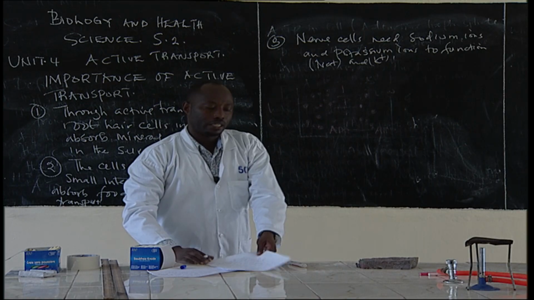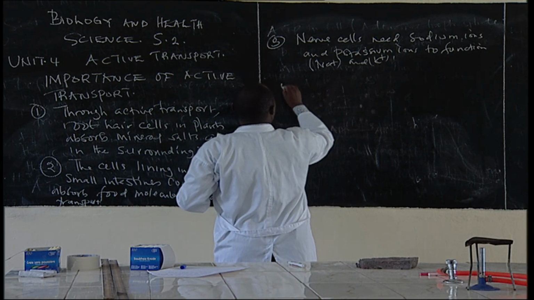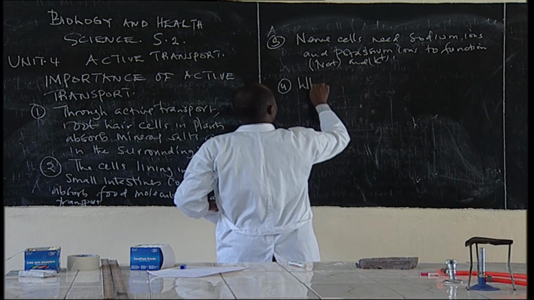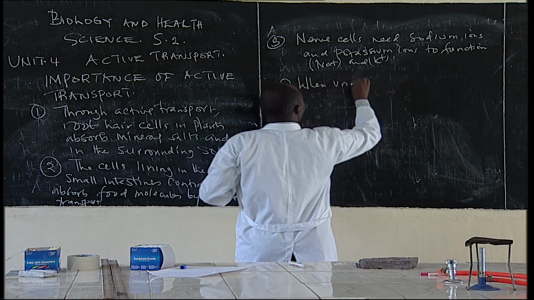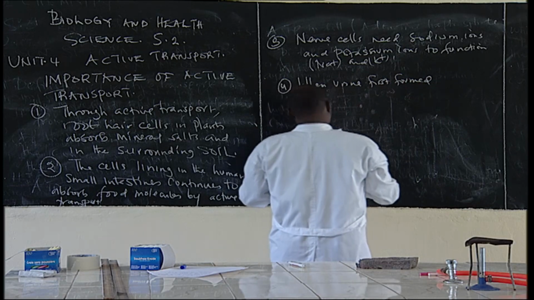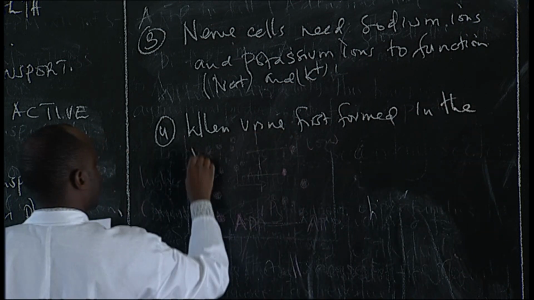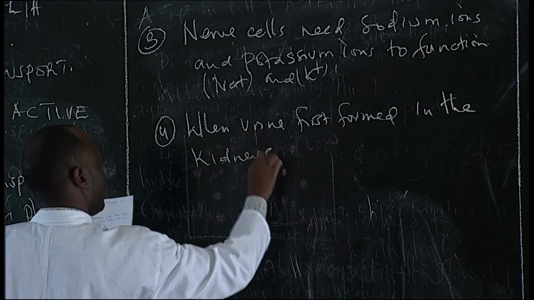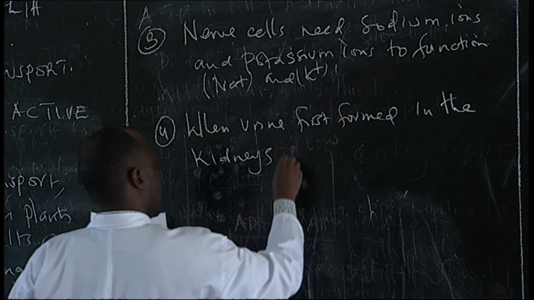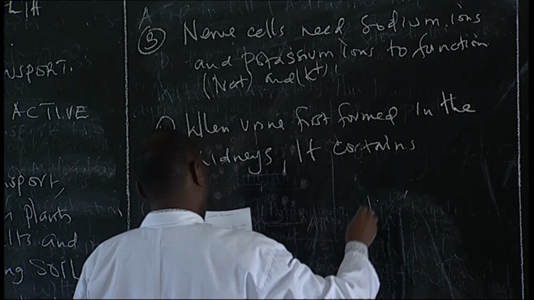The last one, number 4, is when urine is first formed in the kidneys. It contains useful substances.